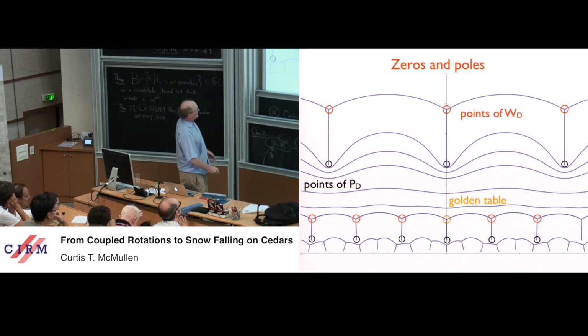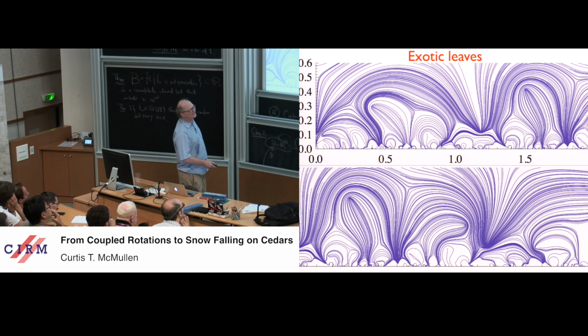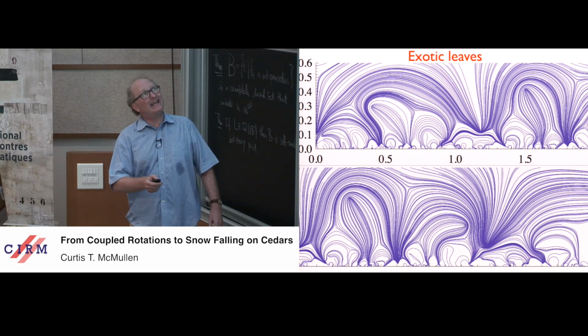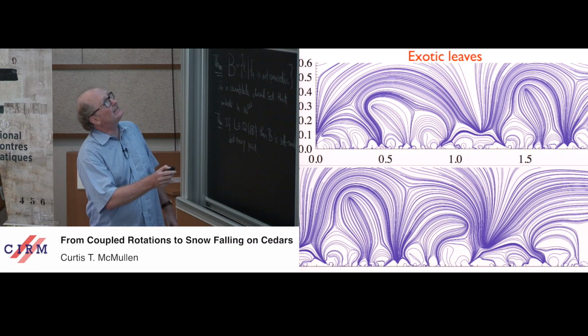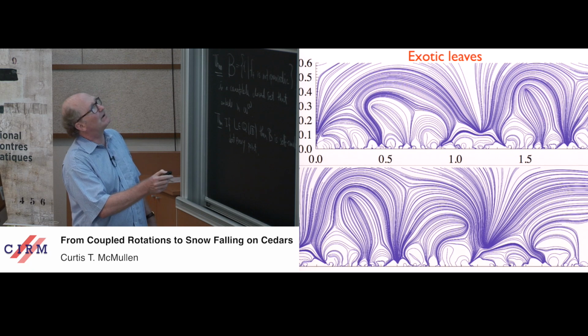Well, the way it can possibly be, and this is what took all the computer programming, is the picture down here doesn't quite look like the picture up here. It looks like this. And there's some leaves you haven't seen here. They're leaves growing up from the real axis, and terminating at other poles upstairs.